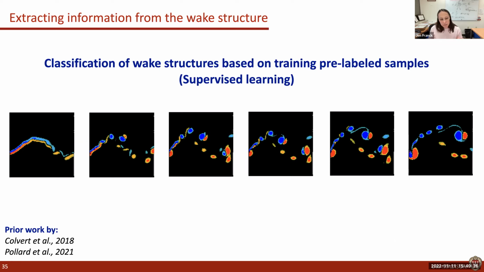You can imagine the first foil is on the left-hand side of the image and the second foil is on the right-hand side of the image. And we're just taking these wake structures in between. What we wanted to do is find a way to automatically classify and cluster these wake structures and see if machine learning could elucidate some new findings into how these wakes are organized that we couldn't find on our own.